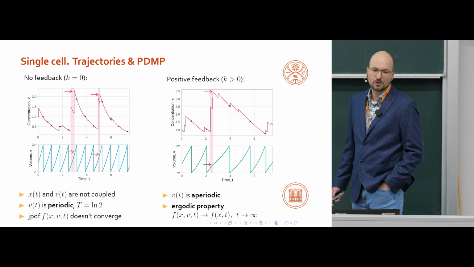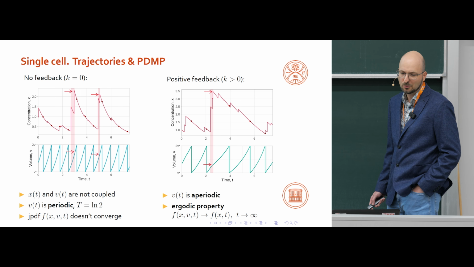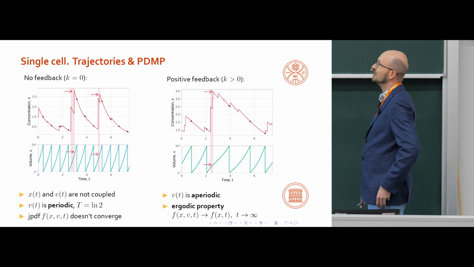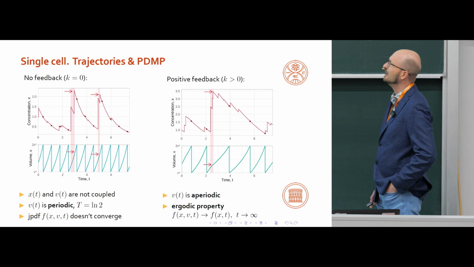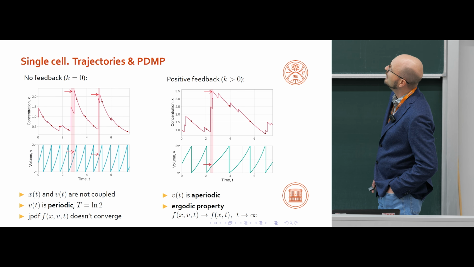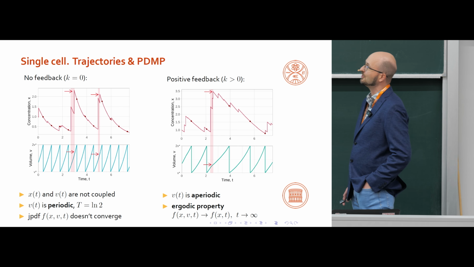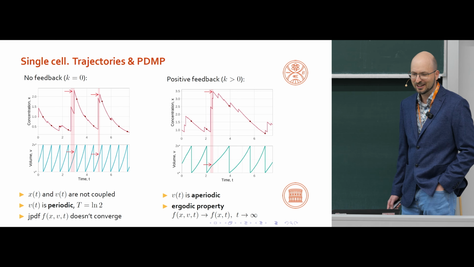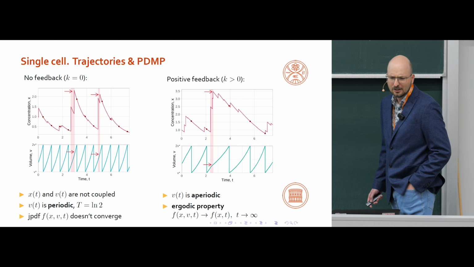This is a trajectory of something that we call a PDMP, a piecewise deterministic Markov process. It's piecewise deterministic because you have only these bursts, single events where something stochastic happens, and between those bursts it behaves deterministically. And it's Markov because all processes we know enough about are Markov.